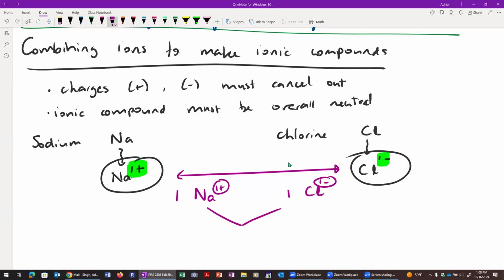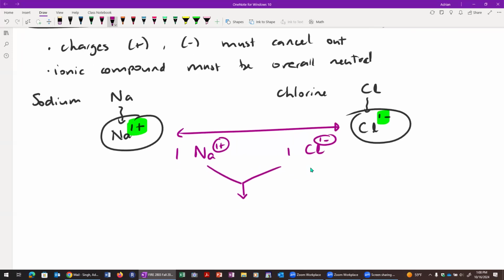So when I write the formula for this ionic compound, I always write the metal or the cation first, so Na, and then I write the non-metal or the anion second, Cl, and then I use subscripts to tell me the ratios of the cation to the anion such that the charges cancel.